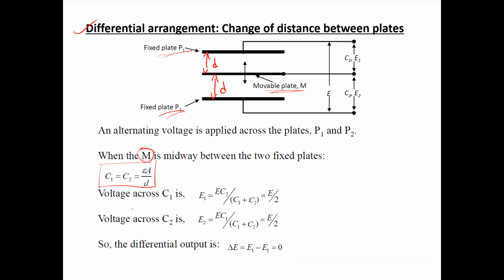For that particular case, the voltages developed across C1 and C2 will also be equal and eventually result in the differential output to be zero as well.